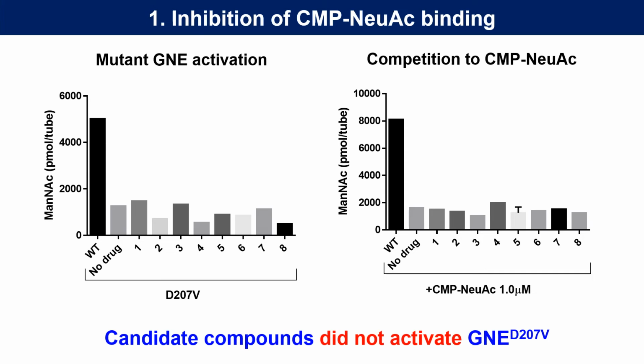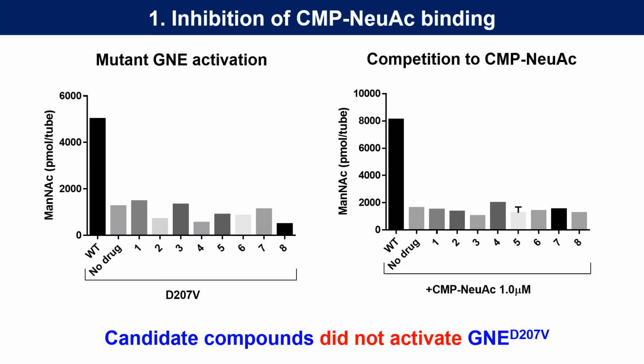And also, please look at the right figure. I added CMP-NeuAc in the incubation of wild-type GNE and then the small compound. So you can see if you add CMP-NeuAc, the production of ManNAc decreases.